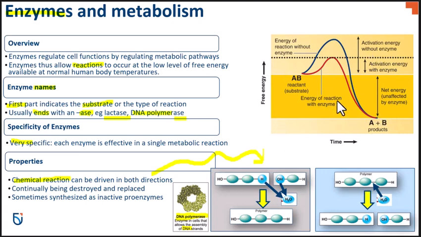And then this image here, this graph, is showing you that if we want to take reactant or substrate AB and form A and B, this chemical reaction is much more efficient and requires less energy if we use an enzyme. So here we have energy of the reaction with an enzyme, and you can see how much more when we don't have an enzyme.